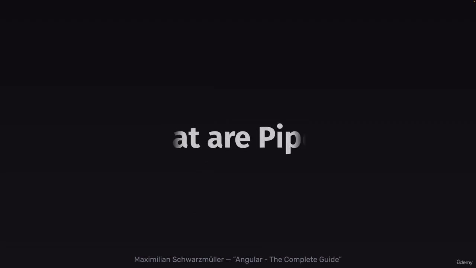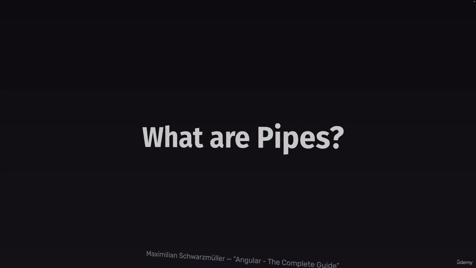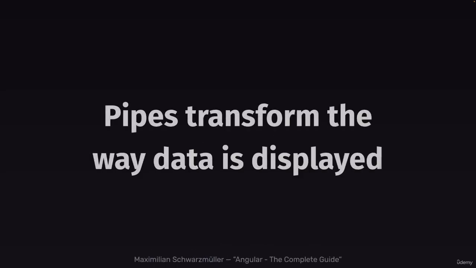So, what are pipes? Well, in the end, in Angular, pipes are a thing you can add in your templates to transform the way data is displayed on the screen, to transform values or how values are formatted and displayed when being used in your templates.